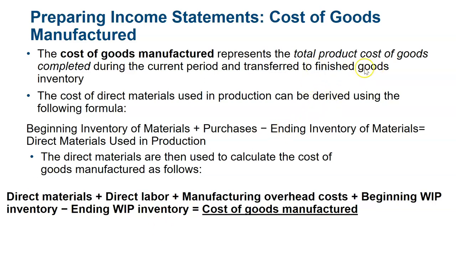We talked about finished goods inventory up here, but what we need to understand is that with inventory, we start off perhaps with materials, and we're going to add some labor to that. But that doesn't mean that at the end of the month or the end of the year that everything that we have started is completed. So with a manufacturing company, we're going to end up having three types of inventory.